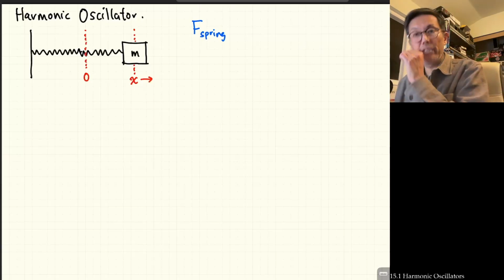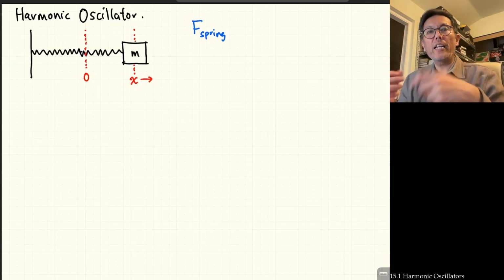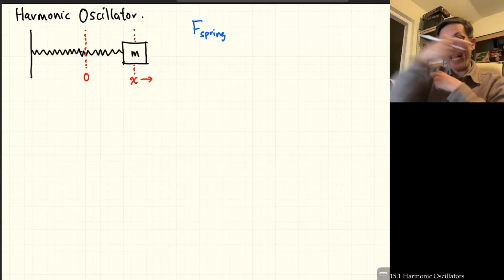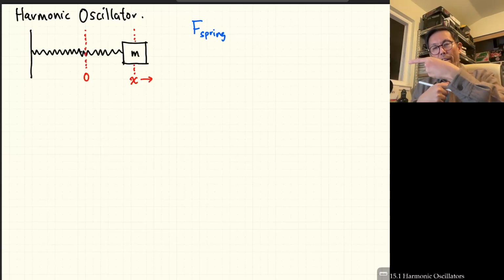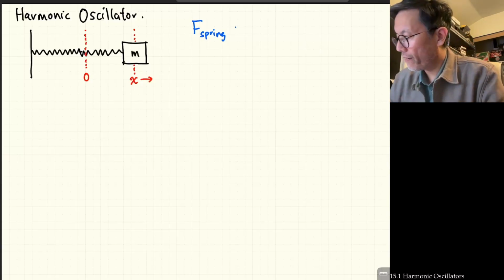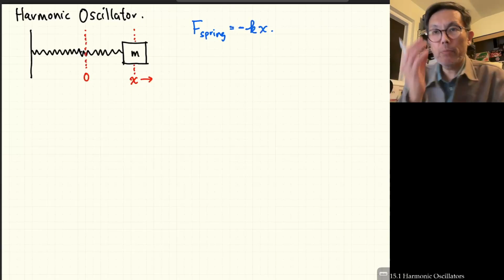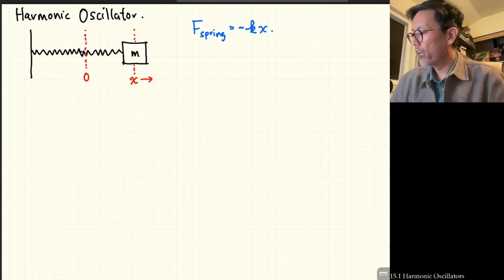The spring force is that restoring force that I was telling you about earlier. And again, when x is positive, it points in the negative direction. And when x is negative, it points in the positive direction. So we're going to denote that state of affairs by negative k times x. And the fact that this spring force is proportional to the position is sometimes referred to as Hooke's law.